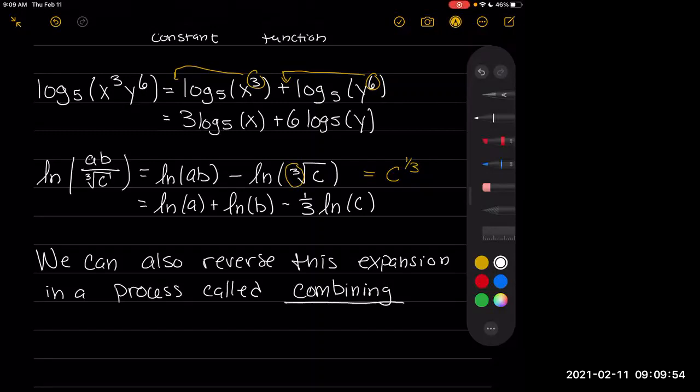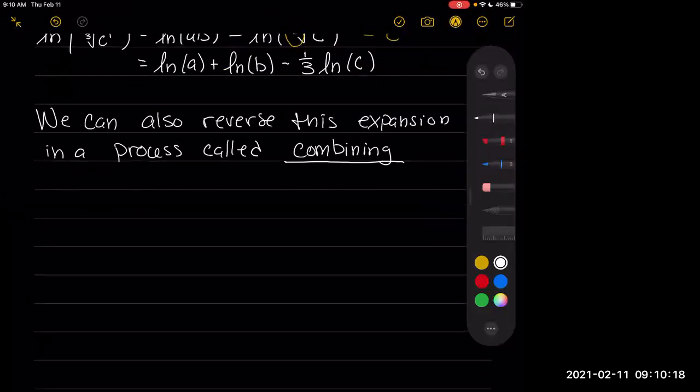So if you are given an expanded function like this, where all of the things are separated by sums or differences, and you're asked to combine, you're going to pull it all back into one natural log term where everything inside is products and quotients. So they're processes that undo each other, the expanding and the combining. Now we're going to look at a new example with combining.